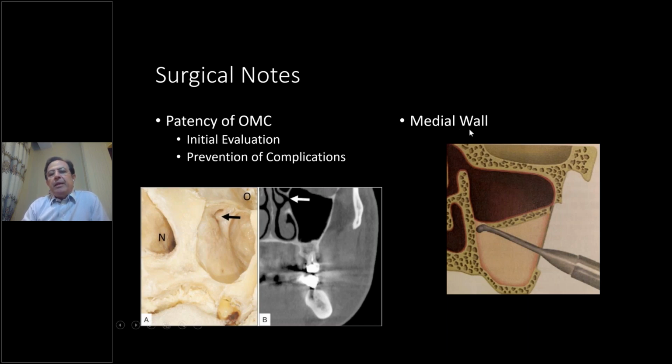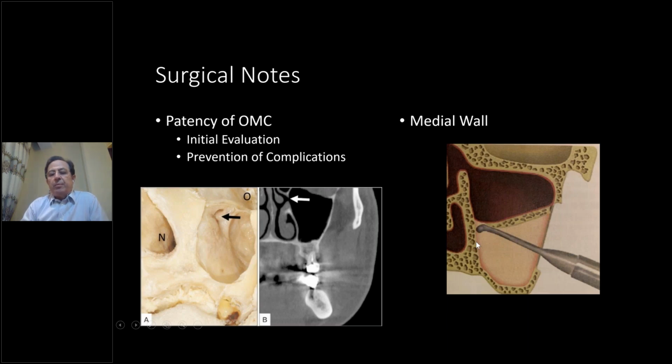Second item, the medial wall. During open sinus surgery, we must lift the Schneiderian membrane upward, and we must expose the medial wall because we need the blood supply from the medial wall, especially when we use allograft, xenograft, or alloplastic materials.